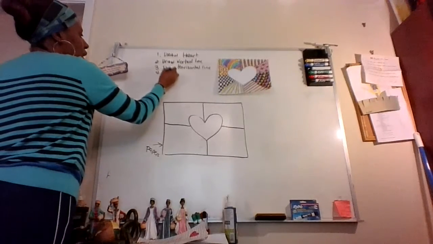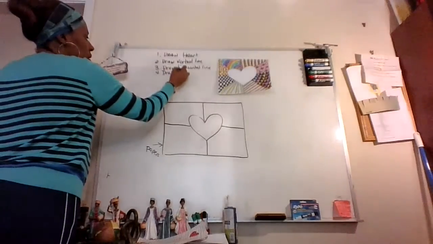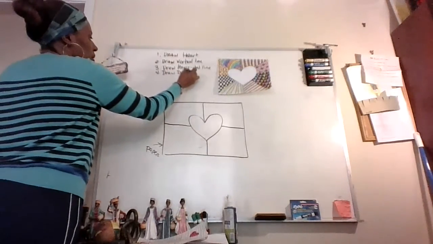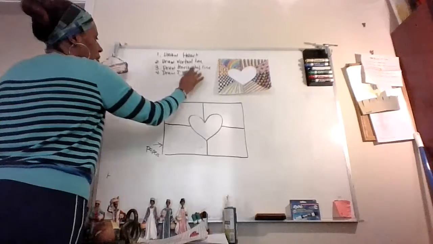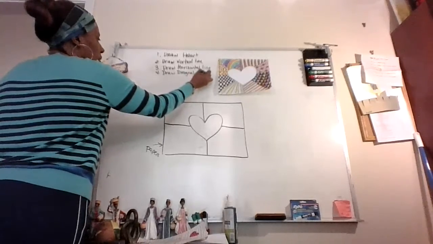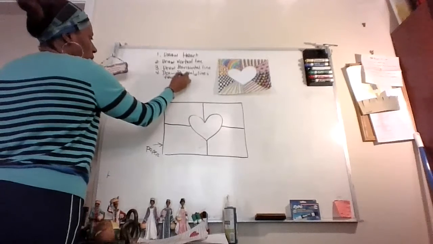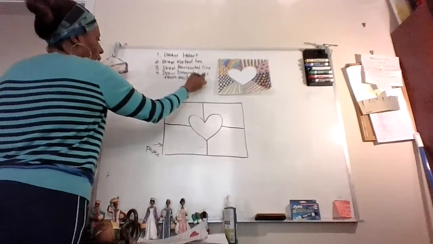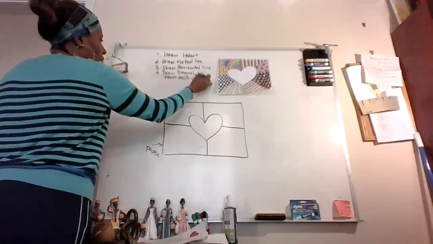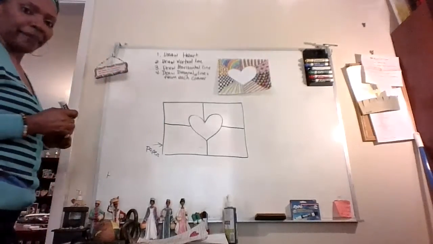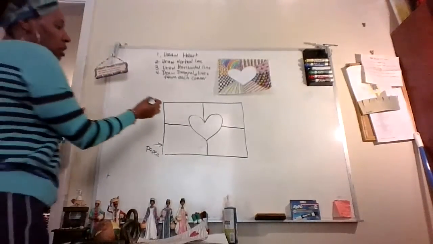You're going to draw diagonal lines from each corner. We're going to start with the left corner.